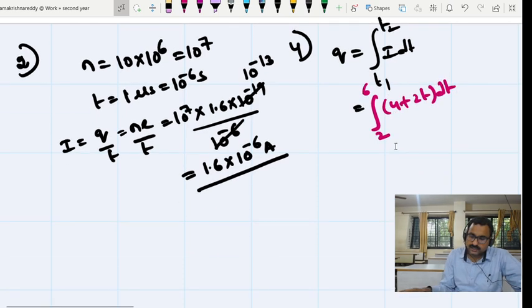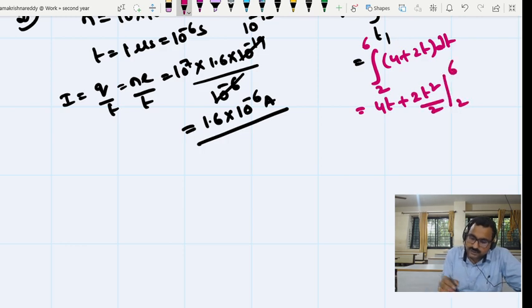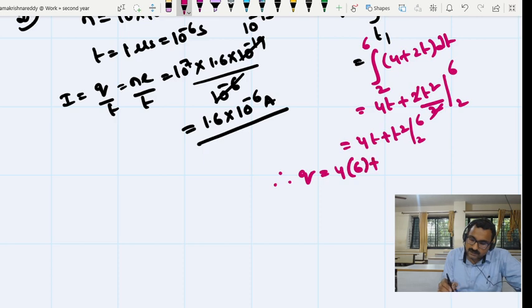So integral 4 dt means 4t plus t square by 2, with limits from 2 to 6. Therefore Q is equal to 4 into 6 plus 6 square by 2, minus 4 into 2 plus 2 square by 2.